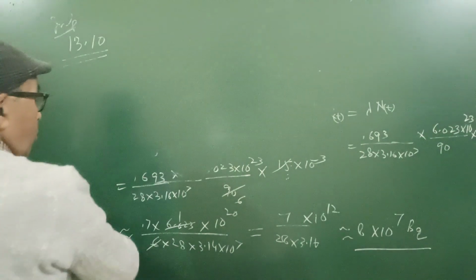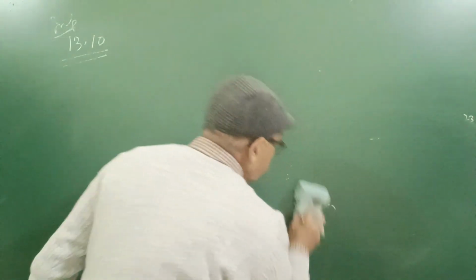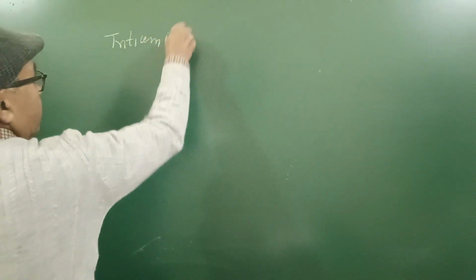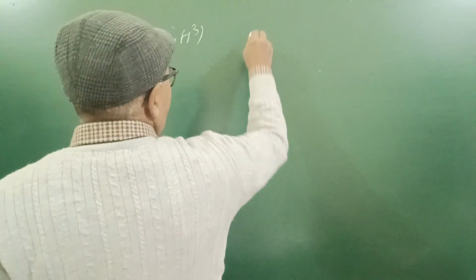There is a short example in the NCERT book. It is example 13.5. Tritium, meaning 1H3, has half-life 12.5 years.